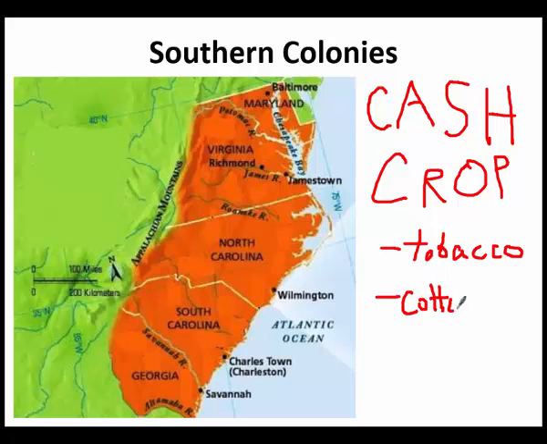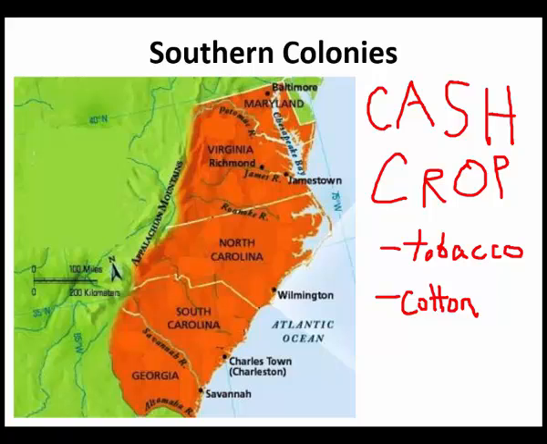But in this early colonial period, it is mostly tobacco. So these are the two major cash crops. You also have things like rice and indigo, but much smaller scale than tobacco and cotton. And the reason for this is that in the South, you have a much warmer climate, which also means a much longer growing season.